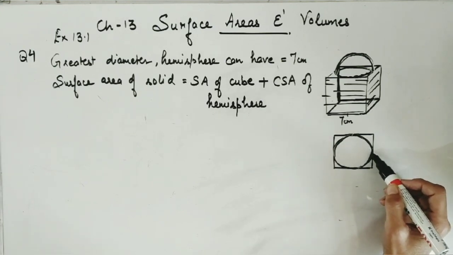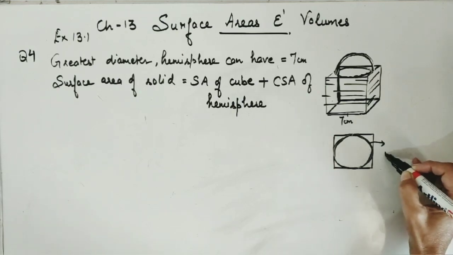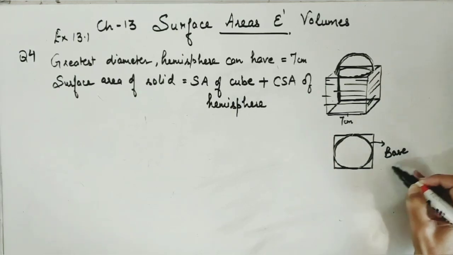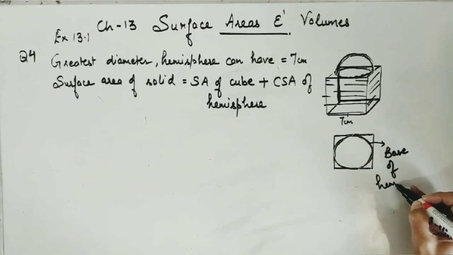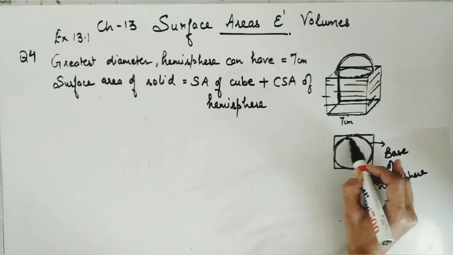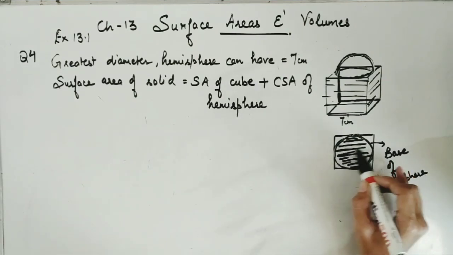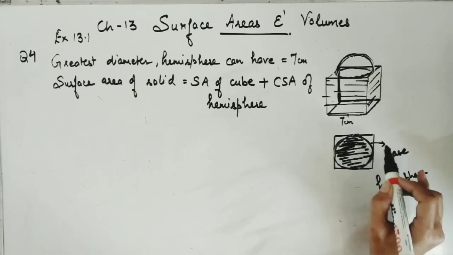What circle is this? This region is actually formed by the base of the hemisphere, because when the hemisphere is placed, this region is covered in the interior.